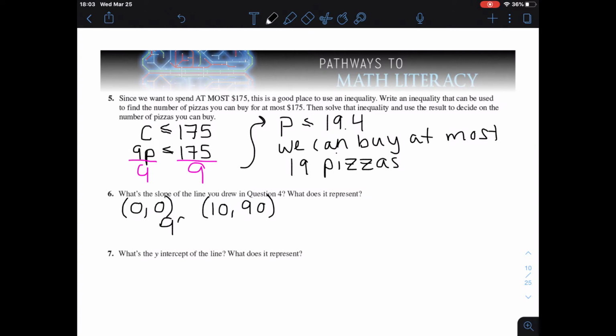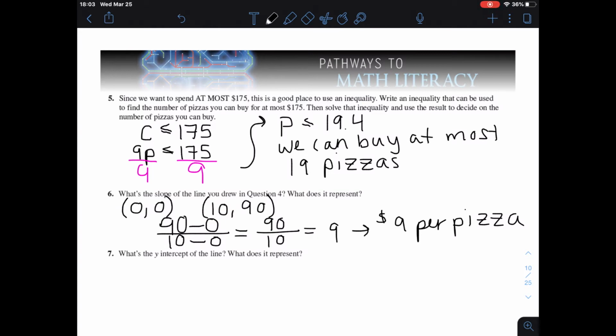So we got 90 minus 0 divided by the difference in x's, so 10 minus 0. So this is 90 over 10, which is 9. So the slope is really just telling you that rate of change. It's $9 per pizza you get.